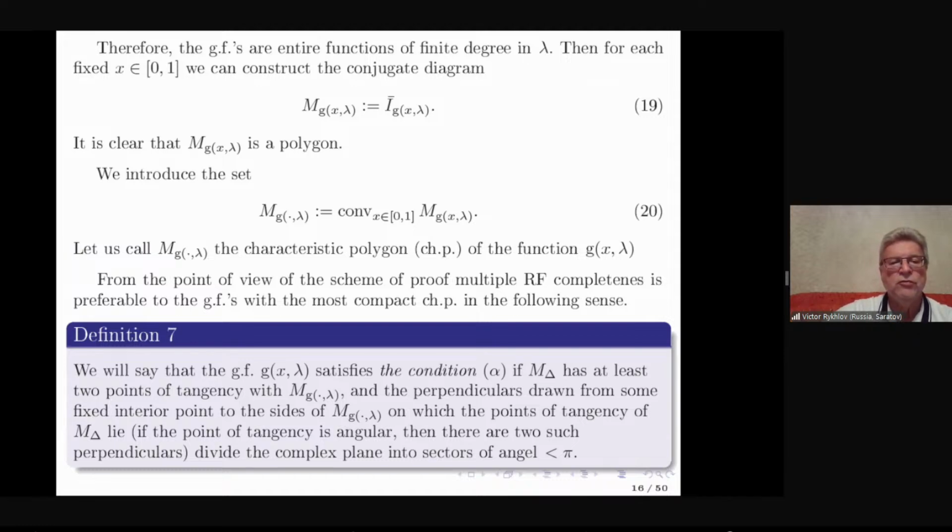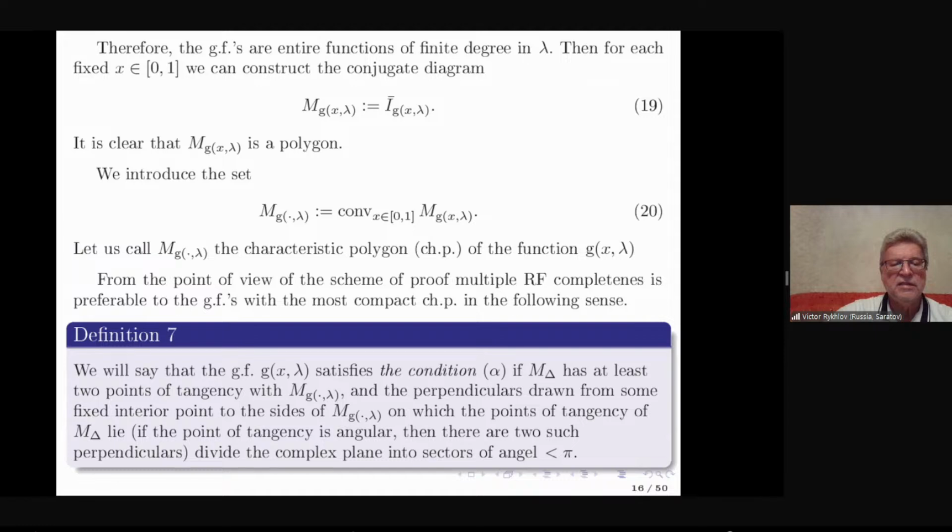From the point of view of the scheme of proof, multiple root function completeness is preferable to generating functions with the most compact characteristic polygon in the following sense. Definition 7.